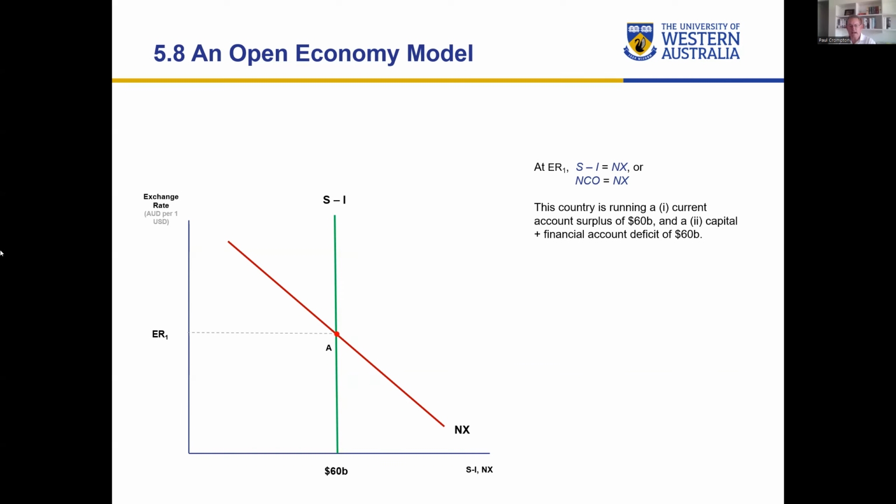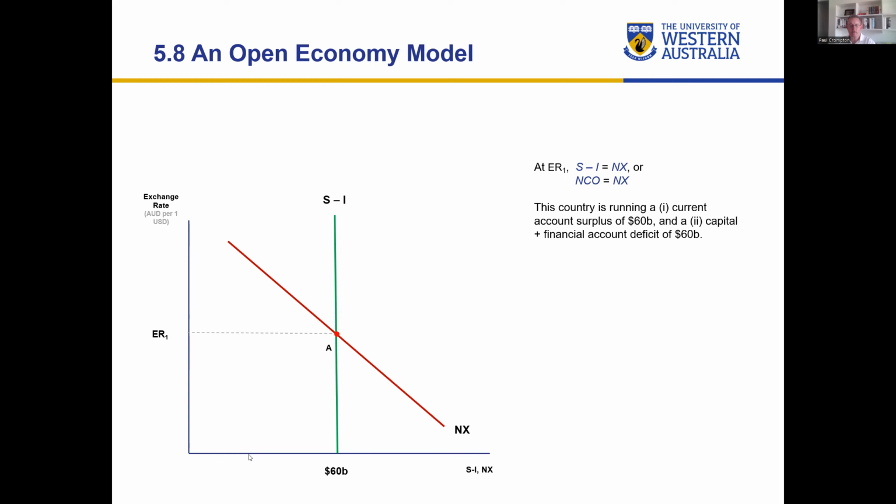So on the vertical, let me just summarize, we've got the price of the Australian dollar expressed in a foreign currency. And on the horizontal, we've got the quantity of these variables, NX and S minus I, measured in billions of dollars.